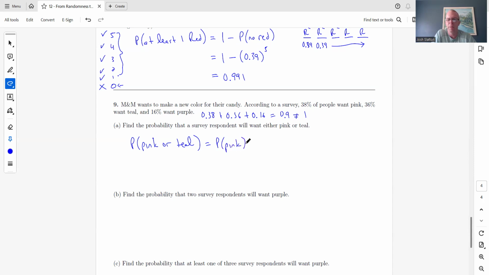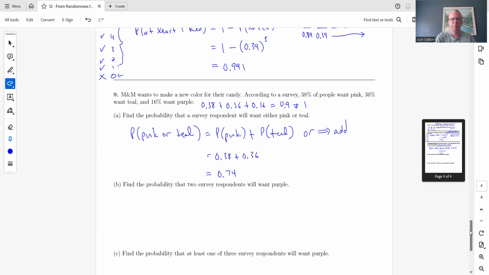So this is the probability of pink plus the probability of teal. So pink is 0.38 and then teal is 0.36. We add those together and we get 0.74. All right. So again, said it, wrote it earlier, we'll write it again, or means add.